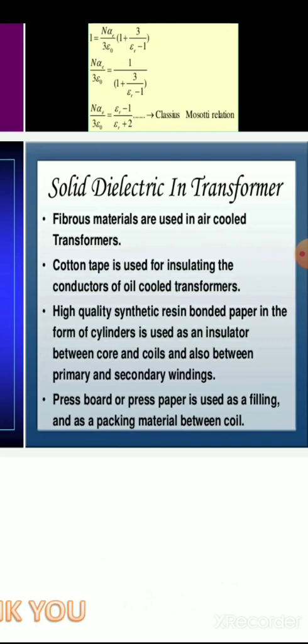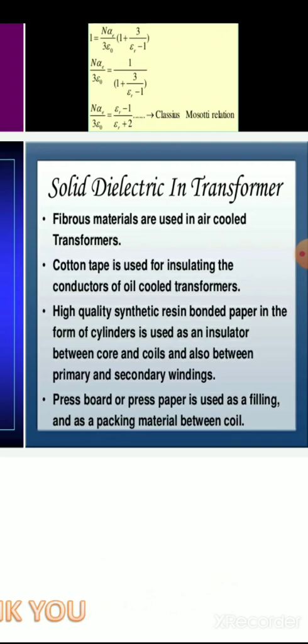And the last part of dielectrics is solid dielectrics in transformers. Cotton tape is used for insulating the conductors of oil-cooled transformers. Fibrous materials are used in air-cooled transformers.